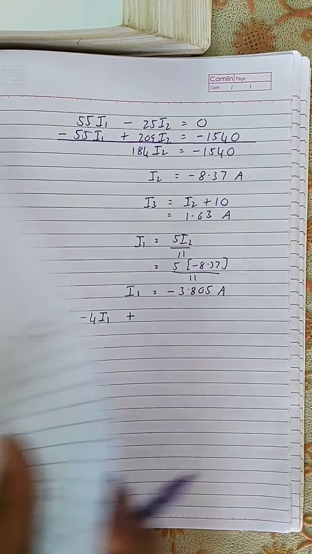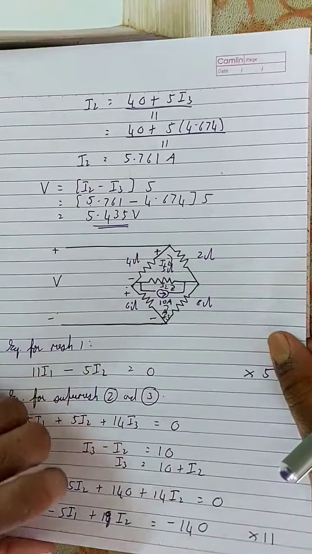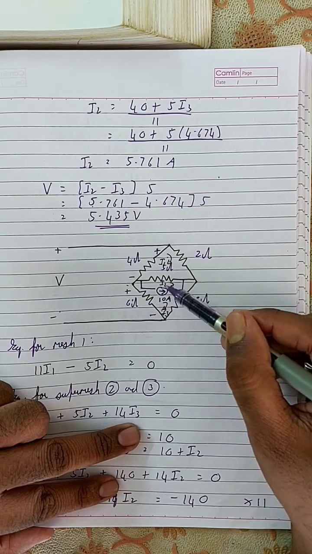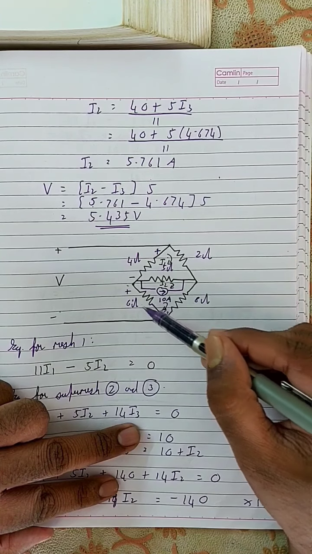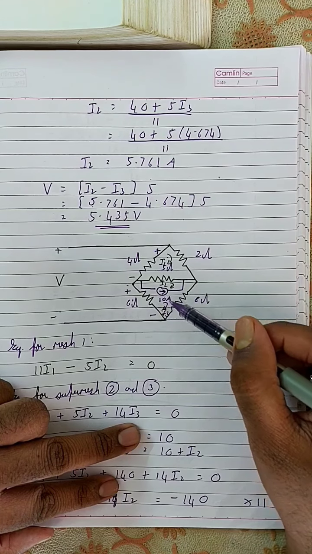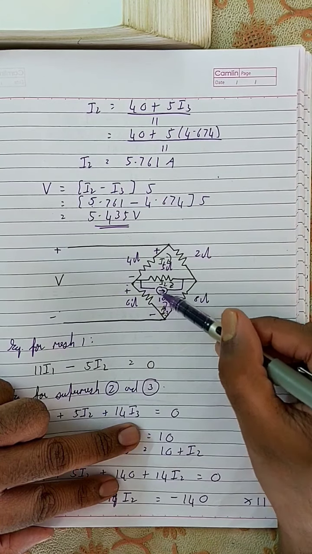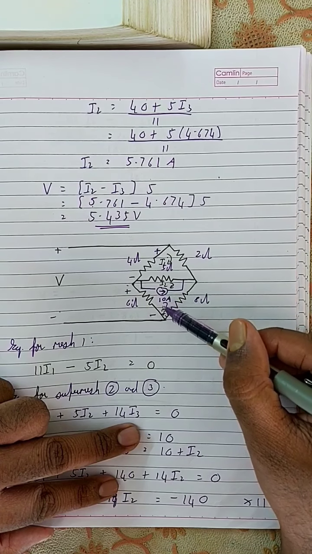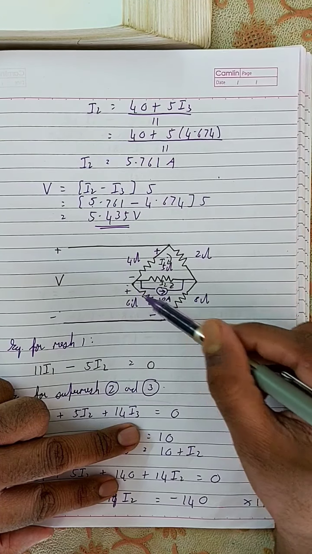Plus, now what is the voltage across the 6 ohm resistor? The current across the 6 ohm resistor is I3, right? This is I2, this is I3. I3 is the current through the 6 ohm resistor. And what about I3? I3 is also flowing in the clockwise direction, and also it is flowing from bottom to top, right?